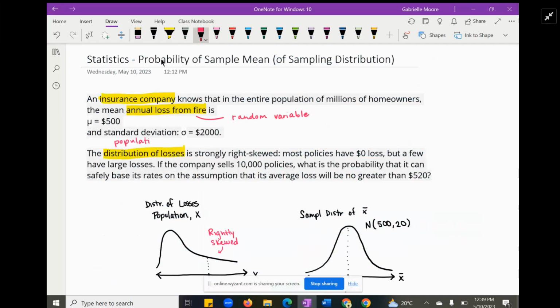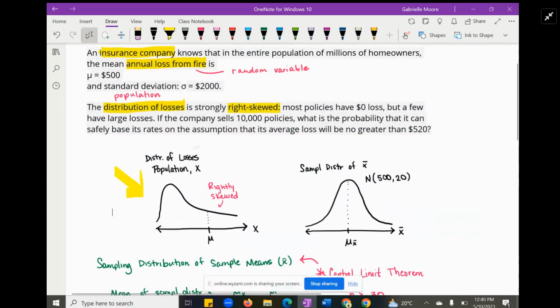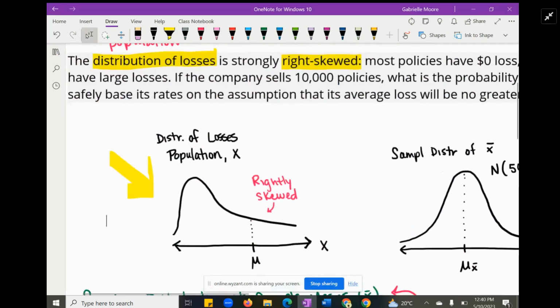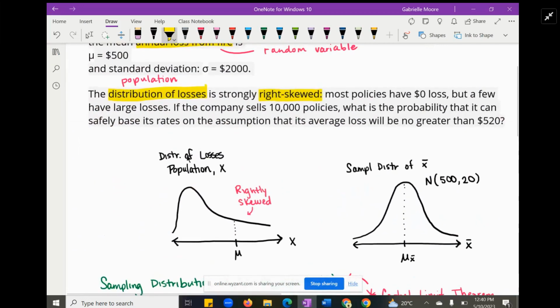They're telling us what that distribution looks like, and they're describing it as right skewed. Now I drew that here right below the problem, okay? And that's what, as you can recall as well, a right skewed graph looks like. And it says strongly right skewed. They even break down how this is the case.